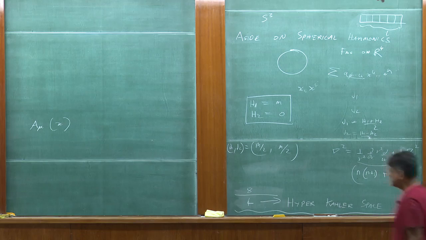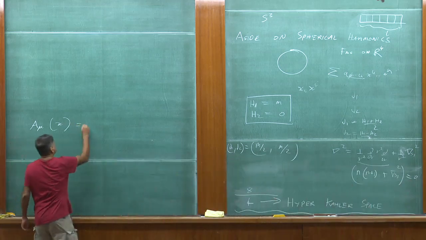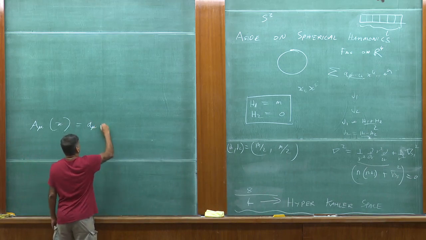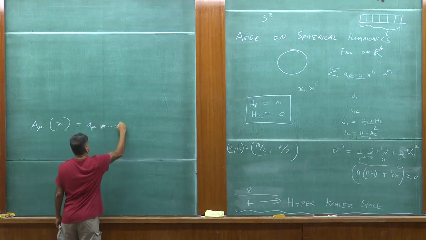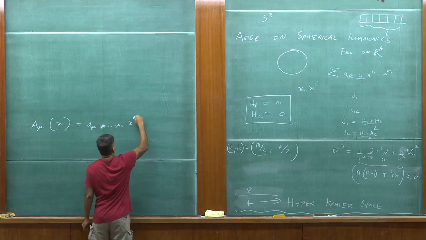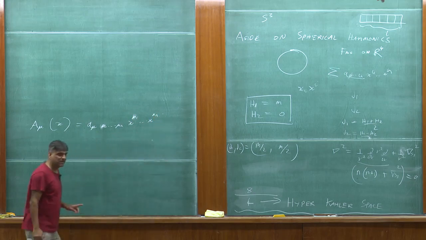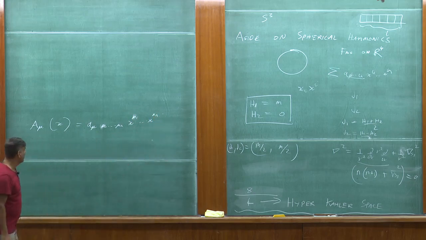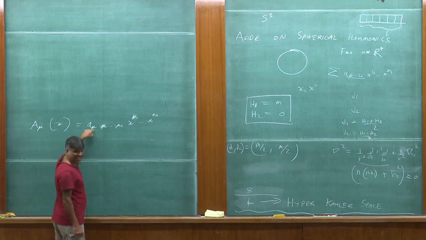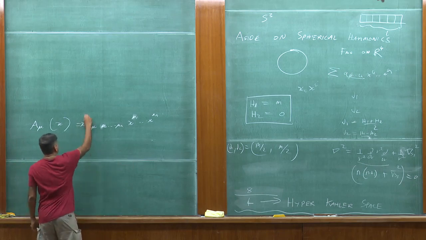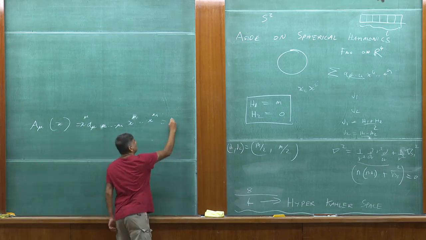So, if we write this as equal to A mu, and then mu1 to mu n, x mu1, we get two conditions. First condition, that this guy has to be normal to the radial vector. That is, if I multiply by this, I get 0.